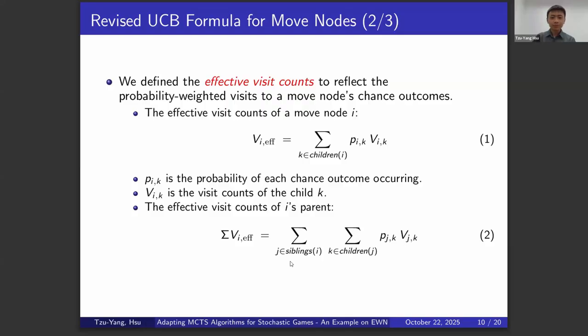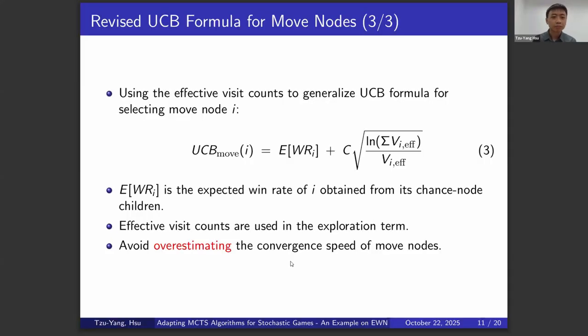By using these effective visit counts, we can generalize the UCB formula for selecting the move node i as shown in equation 3.